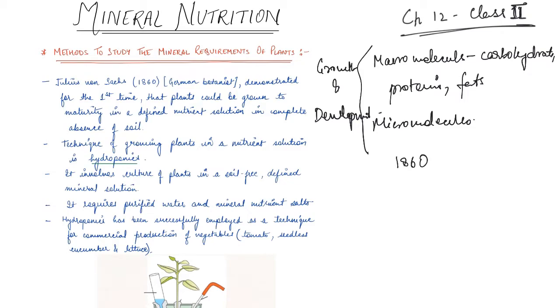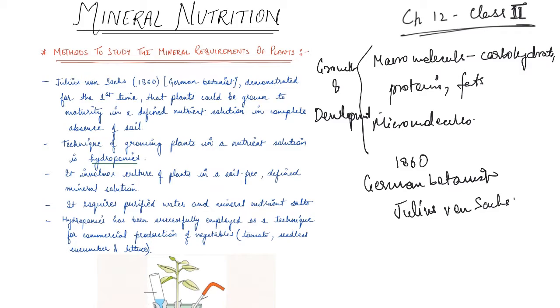So basically, guys, in 1860, there was a German botanist, his name was Julius von Sachs, right? He demonstrated for the first time that plants could be grown to maturity in a defined nutrient solution as well.